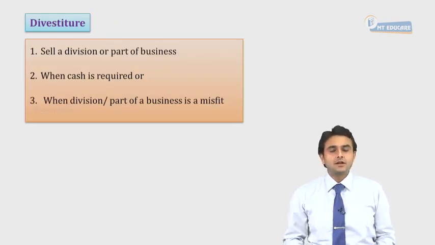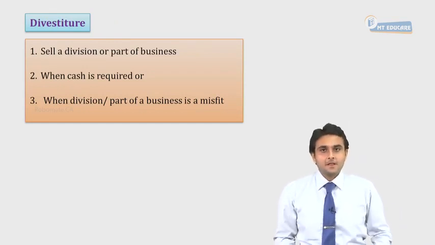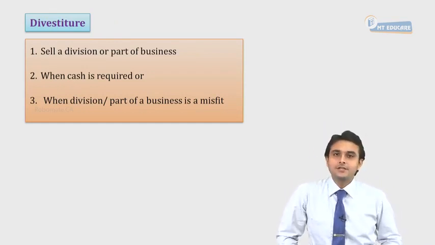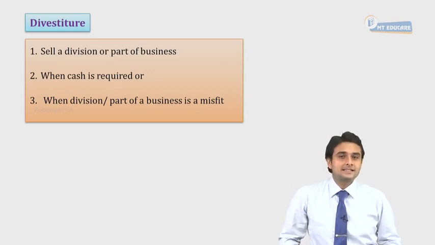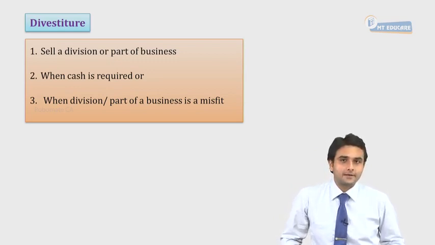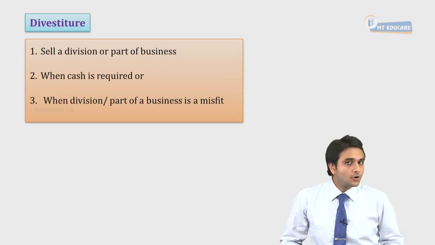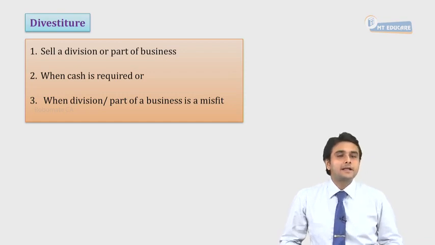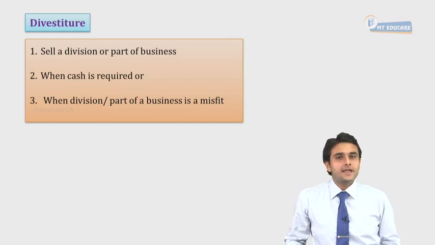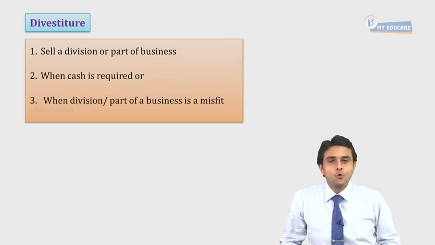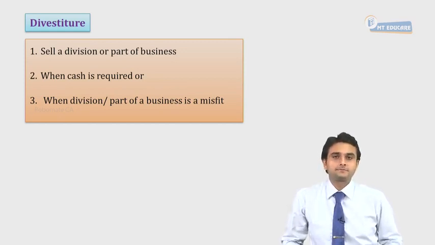Now, divestiture is nothing but divestment. One nice example that I'd like to take here is an example of Centaur Hotel. Centaur Hotel was owned by the Government of India. The Hotel Corporation of India owned Centaur Hotel. There were two Centaur hotels, one near the airport and one in Juhu, which is an area in Mumbai.